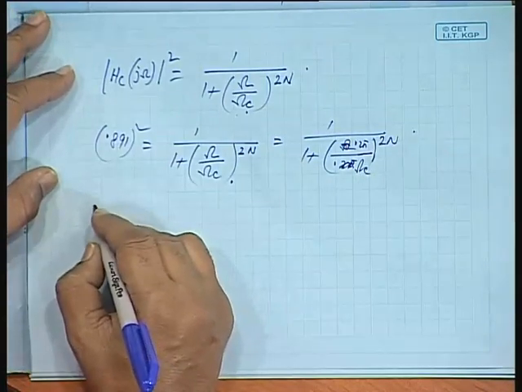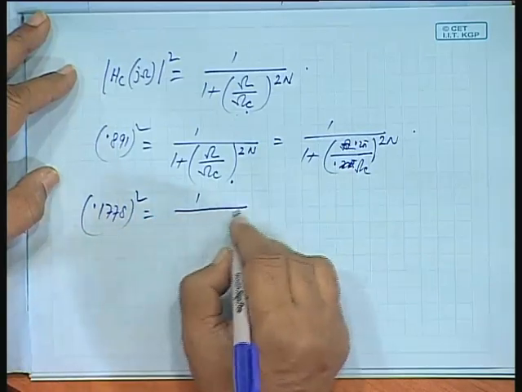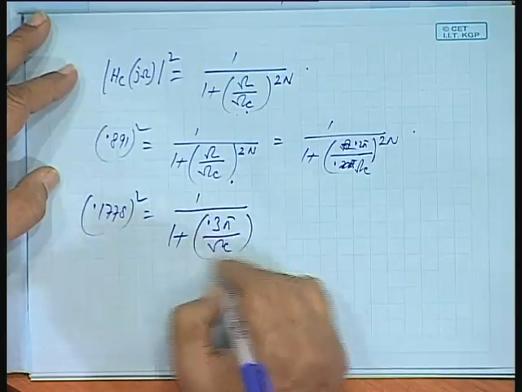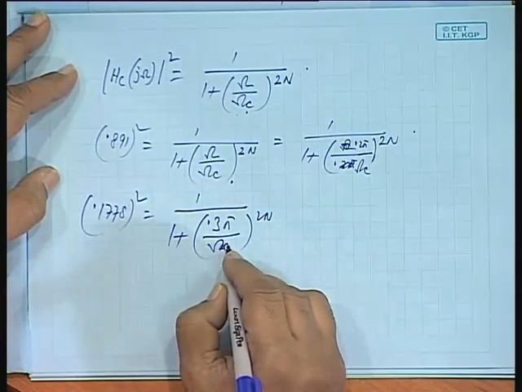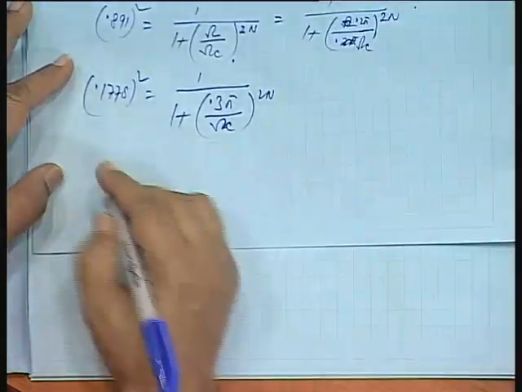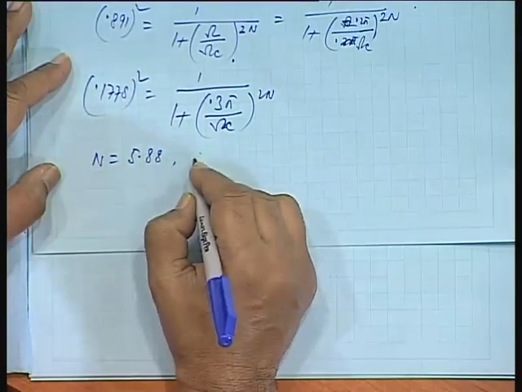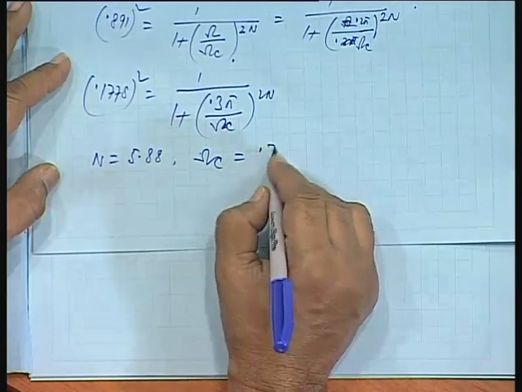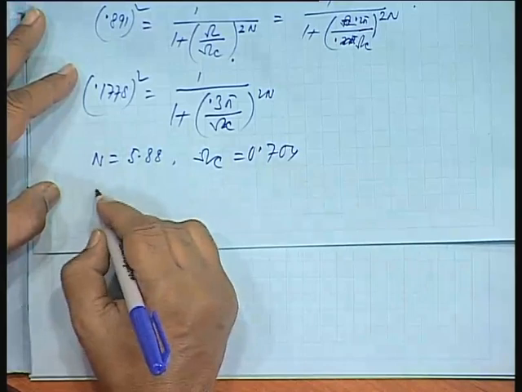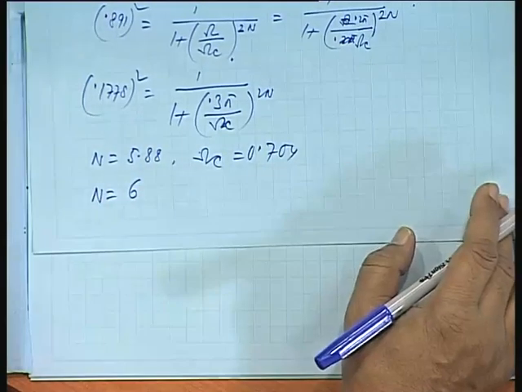In the other case it is 0.1778 squared equal to 1 by 1 plus 0.3 pi by omega c to the power 2n. If you solve these two, you get n is equal to 5.88 and omega c equal to 0.704. Okay. So, we choose n is equal to 6, nearest integer.